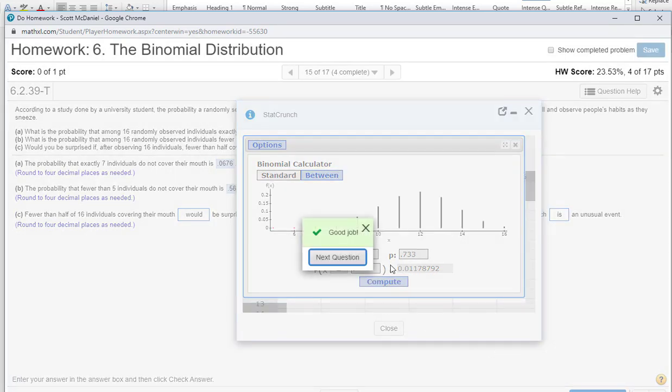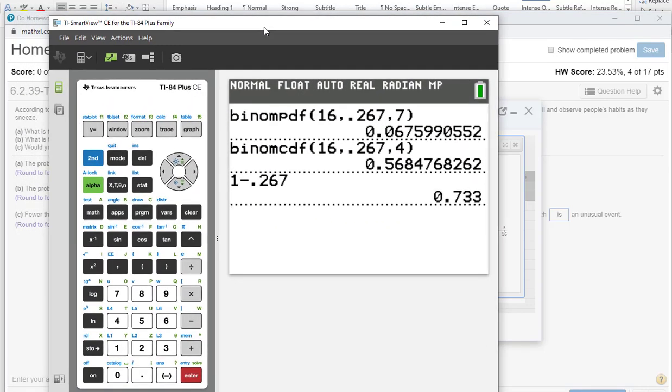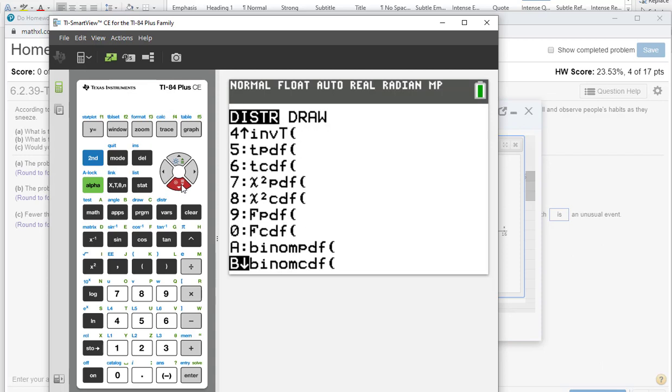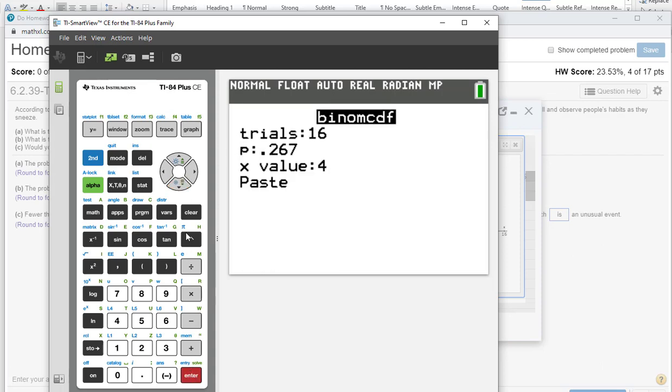Okay, so I hope that helps. Like I say, let me do the calculator real quick. So fewer than half, I'm going to go back here and do binomial distribution. Binom CDF. 16. And again, for P, you could do 0.267, but I'm going to go with 1 minus that.